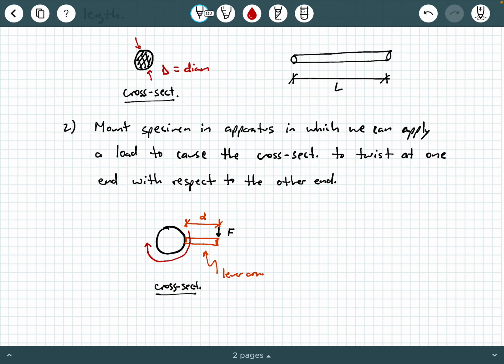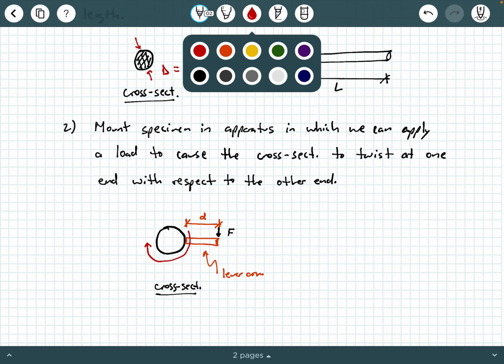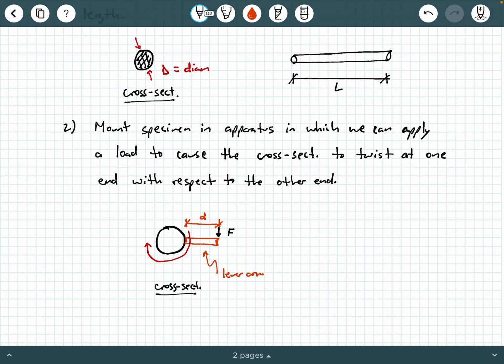What will happen is that lever arm will rotate in a fashion like this, and I'm going to draw the center line here. You're going to have this rotation angle right here. Well, that rotation angle is your angle of twist, phi.